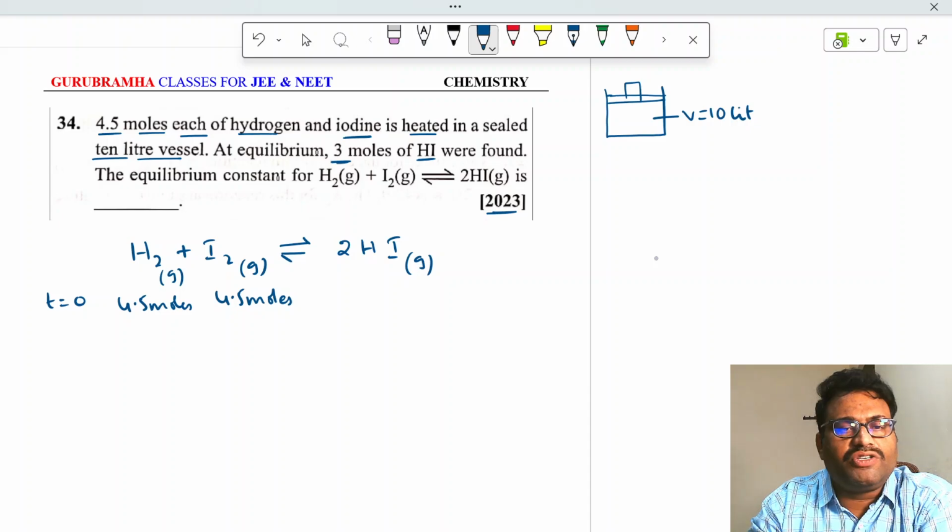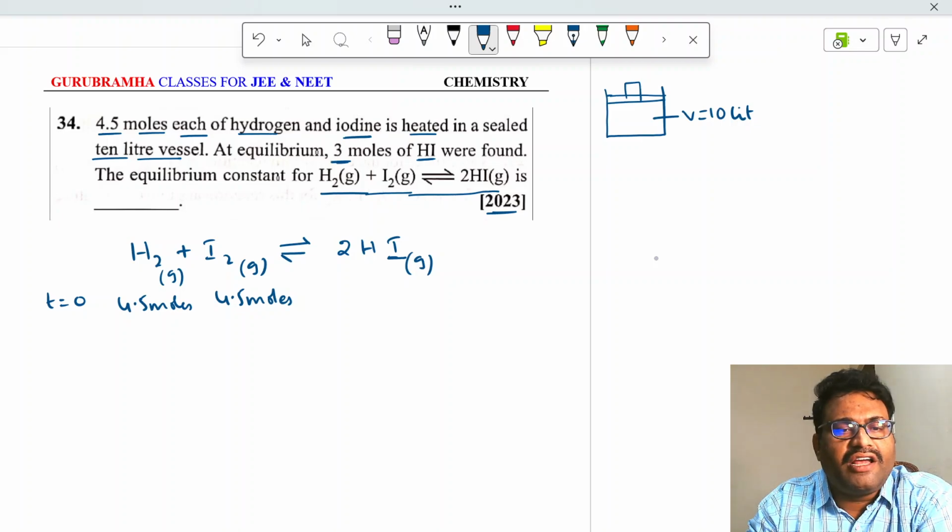Whenever questions are asked on the equilibrium concept, we have to see for which reaction Kc is asked. That reaction only we have written here. Why are we specifically mentioning that? Because equilibrium can be obtained from the reactant side as well as from the product side. By taking what reactants, equilibrium has been obtained, that is also a very important point.